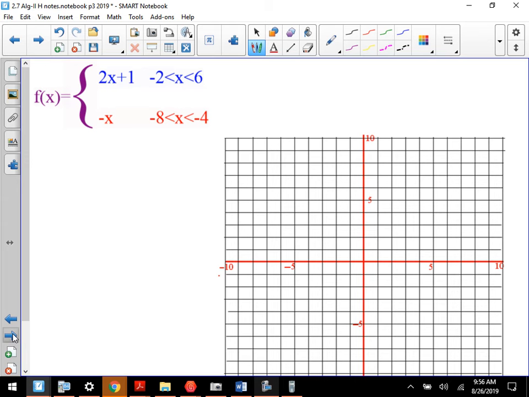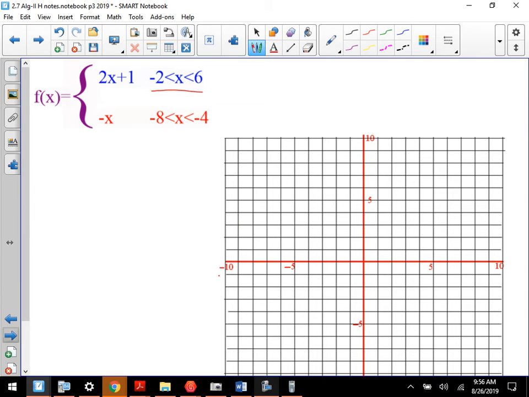The first one says f of x equals 2x plus 1, and that's between the domain of -2 to +6. And the other one is -x when it's between -8 and -4. It looks really weird, but it goes real quick. For that first graph, I know that I'm looking at values 2x plus 1.